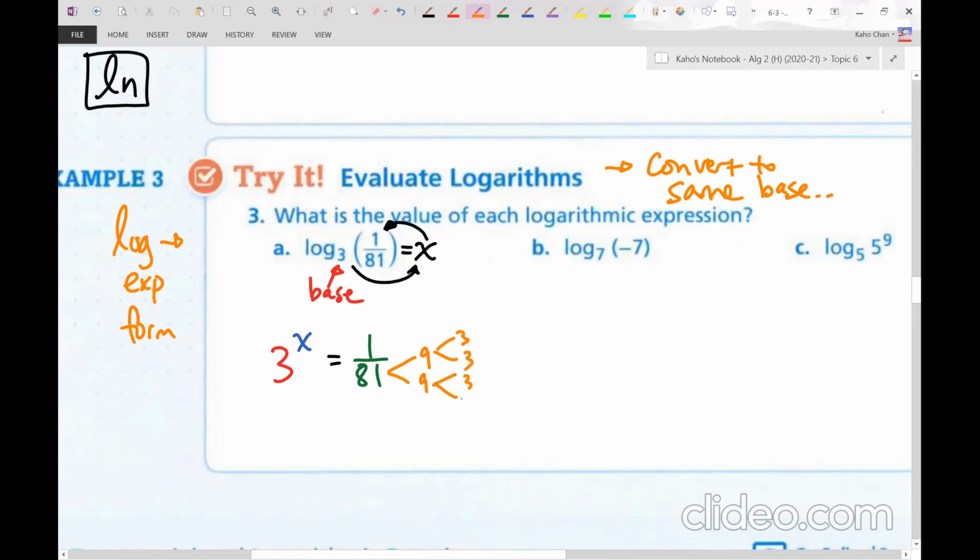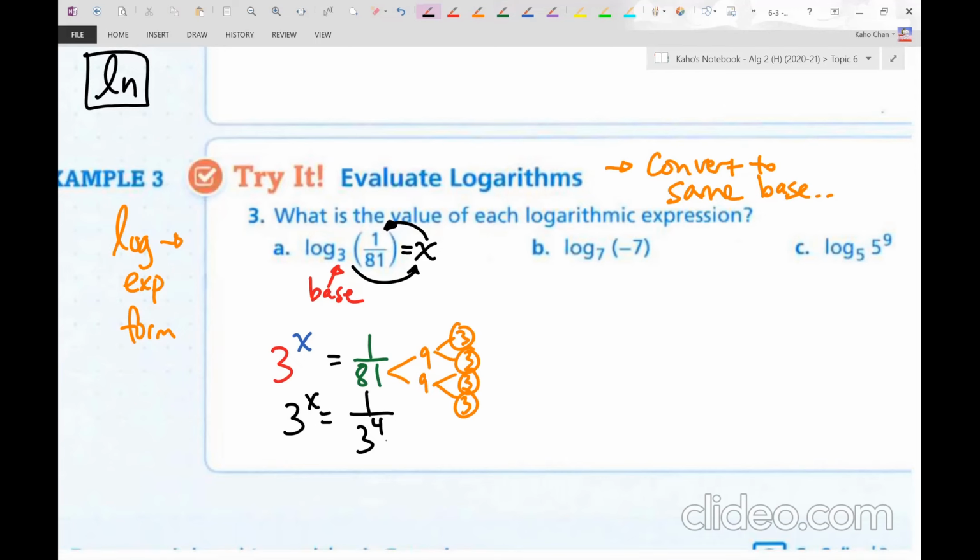Sound familiar? We're just going to rewrite that 81 as 3 to the 4th power, okay? So let's do that. 4 3s, great. Oh, look, it's almost the same base. We just need to shove that 3 to the 4th upstairs. To move it to the opposite side of the fraction, we need to introduce a negative exponent. We're going to force it to go upstairs.